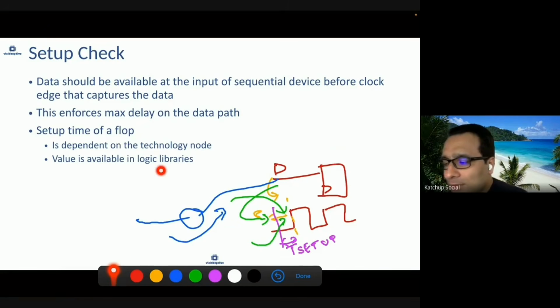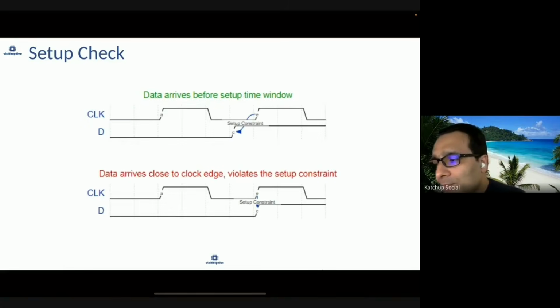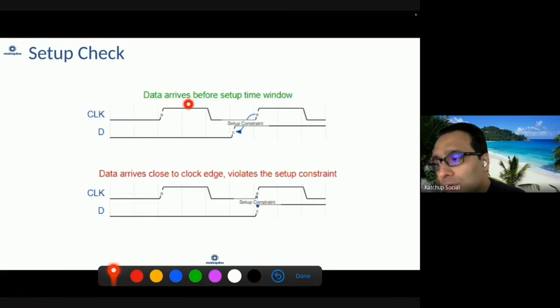Let's understand it a little bit more using some waveforms. Okay, so setup time means data should arrive before the flop setup time at the D pin of the flop. If it arrives earlier, like it is happening here, this is the clock edge, and data is arriving earlier than the required setup time, then it is said that you are meeting setup time.